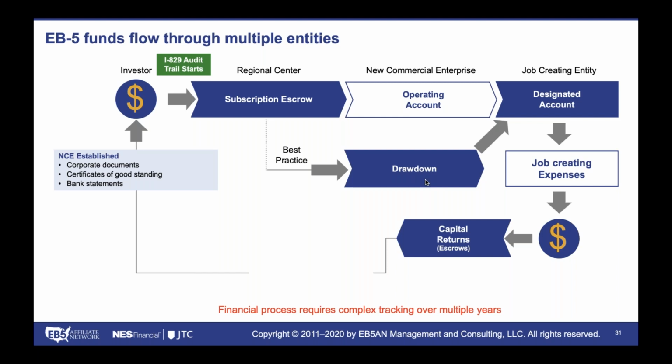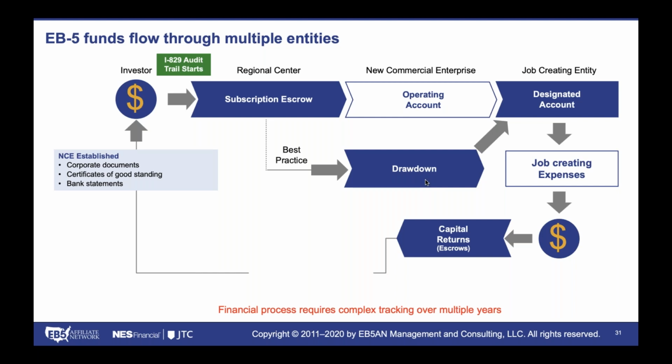In order to do that, there's a balance, right? The documentation and evidence that investors are going to require needs to be lined up with what the job creating entity or the developer requires in terms of ultimately creating a successful project and creating the jobs.